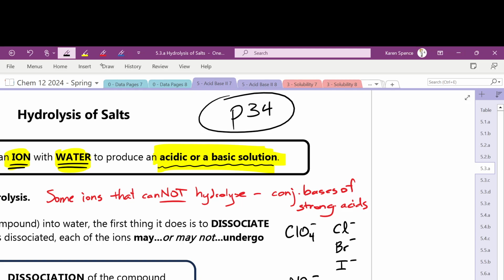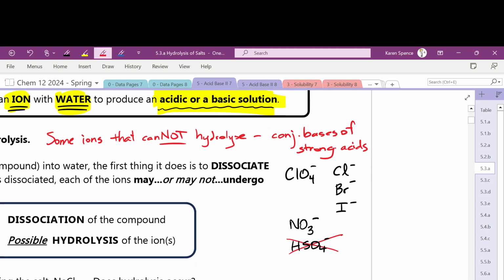Are there 6? Did I get them all? Okay, now that being said, I'm actually going to cross this one out because it can't act as a base, but it can act as an acid, okay?